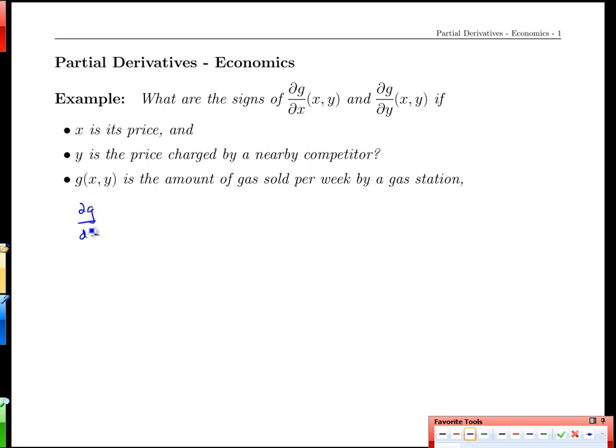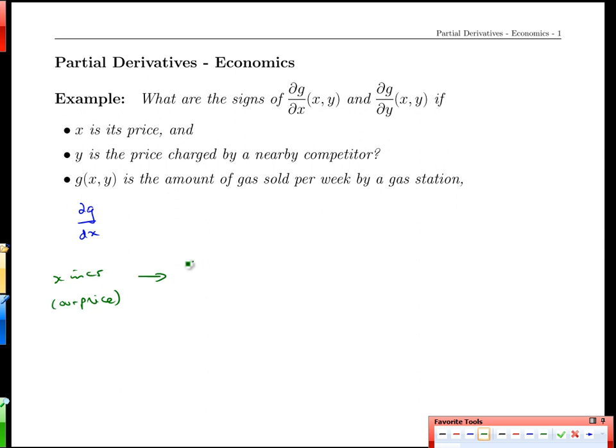If we're looking at the partial derivative of g with respect to x, remember what this translates to in terms of a sentence. If we increase x, and x is the price at the gas station, so our price, if we're putting ourselves in the shoes of the gas station owner, if x increases and we're charging more money for our gas, then it's pretty clear that we expect to sell less under classic economic assumptions here.